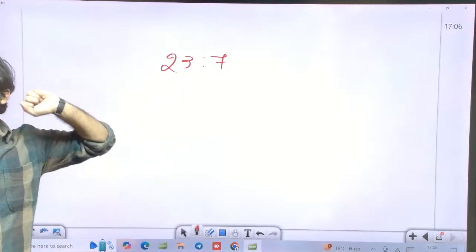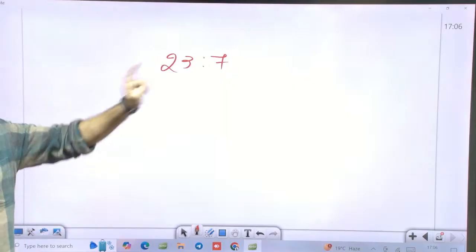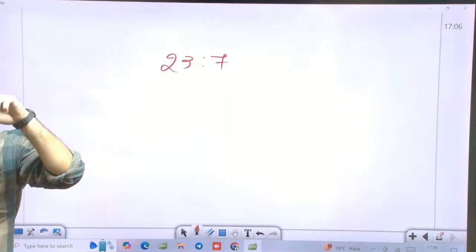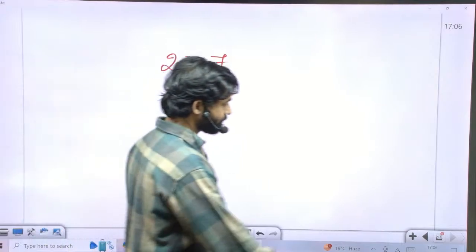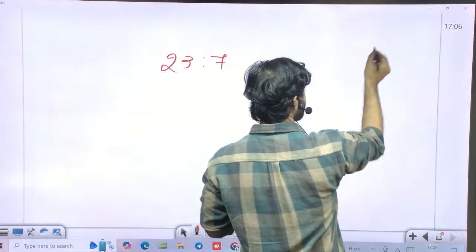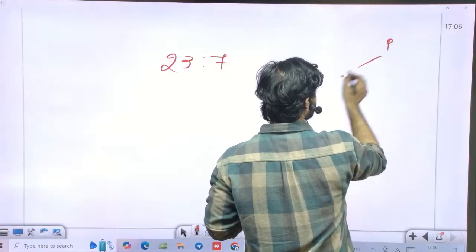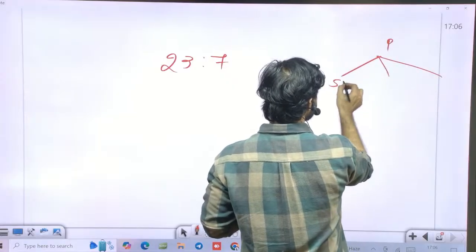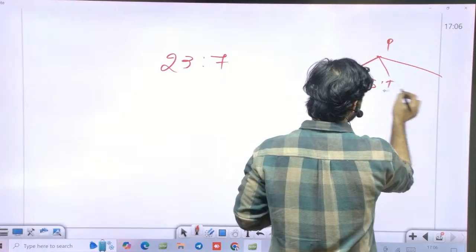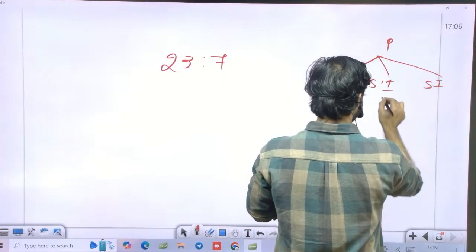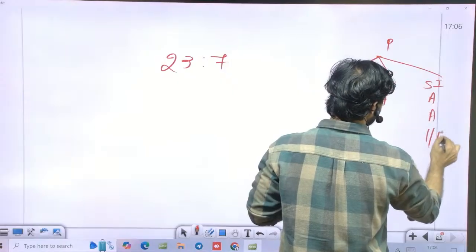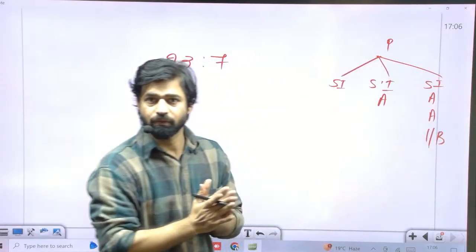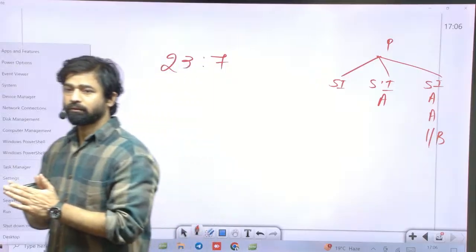This is the difference between CI and SI for 3 years, and this is the difference between CI and SI for 2 years. I'm making a very simple chart here. This is SI, SI, SI, and this is A, A, A, and this is 1 or B.